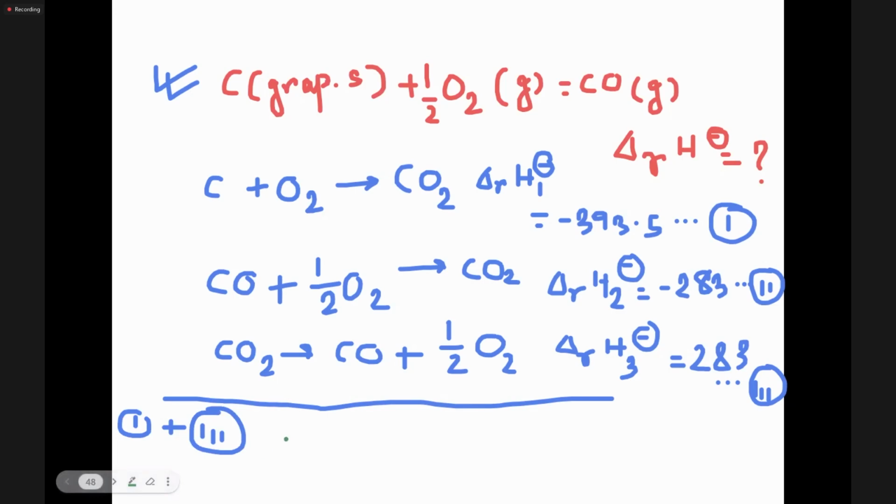So here if we add equation 1 and 3, on the LHS we have C plus O2 plus CO2. On the right hand side, we have CO2 plus CO plus half O2.